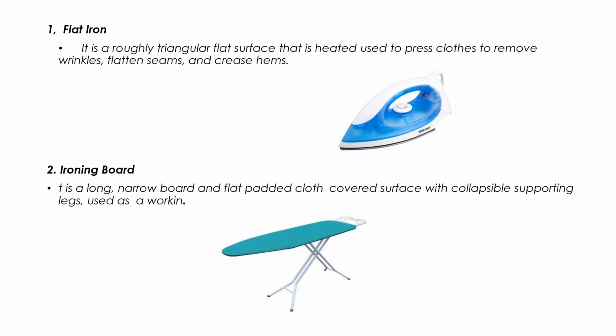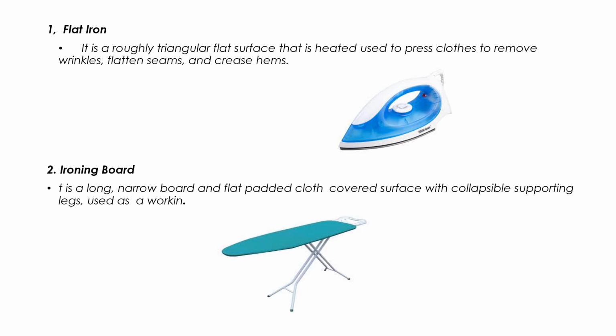So here are the tools under pressing. We have number 1, flat iron. It is a roughly triangular flat surface that is heated, used to press clothes, to remove wrinkles, flatten seams, and crease hems.